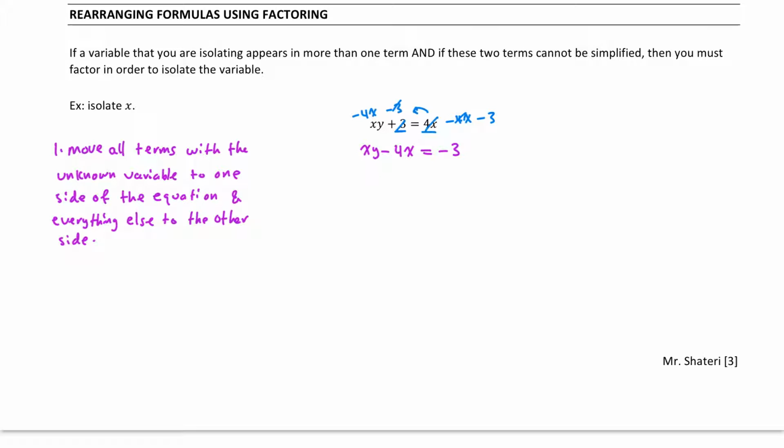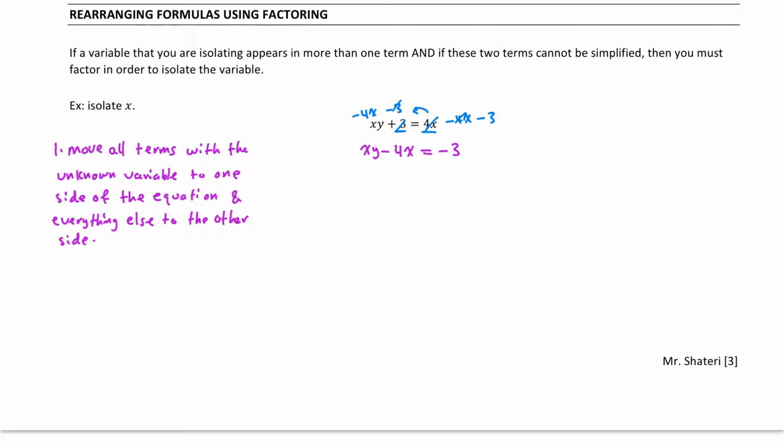I now have all my terms that have the x on the left-hand side, and everything else on the right-hand side. So that's good, but I can't simplify my expression on the left-hand side.